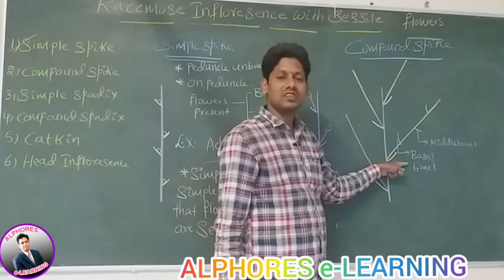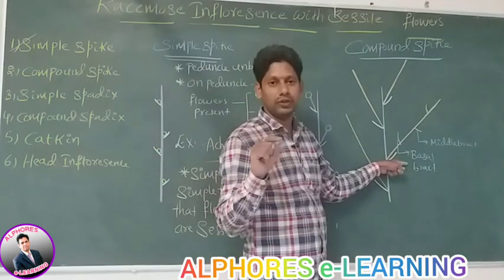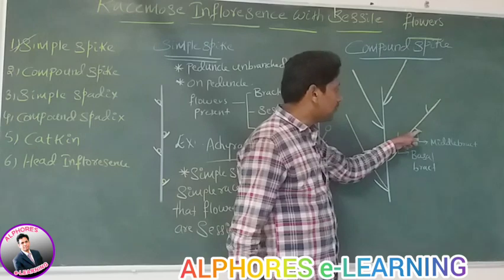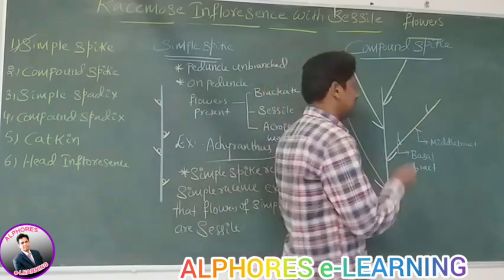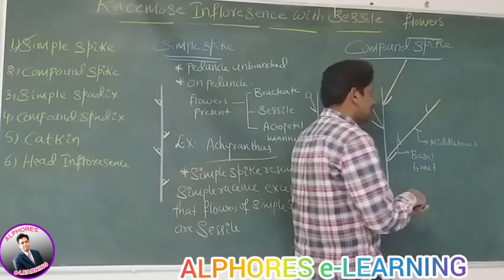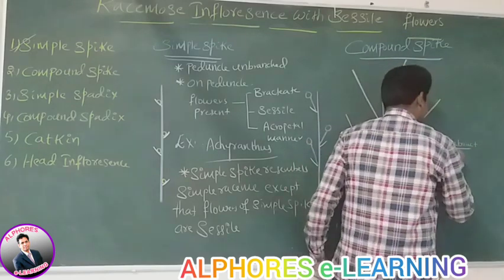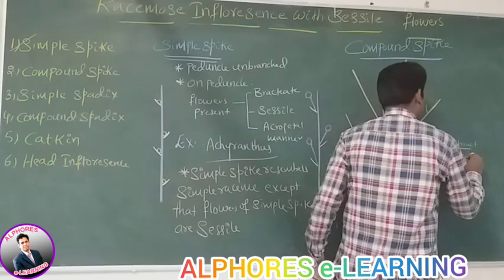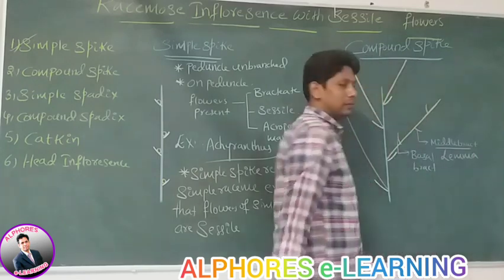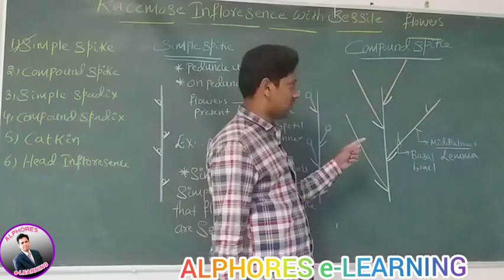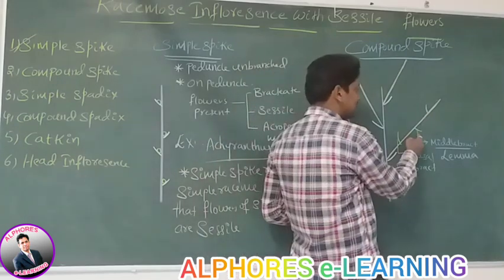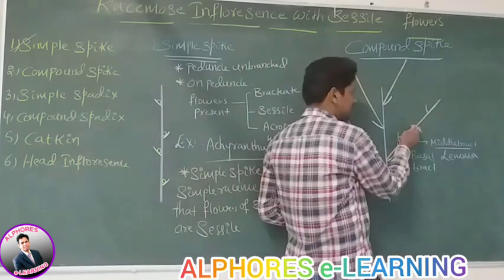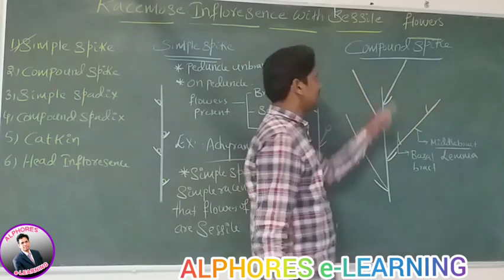It means they won't produce a flower. These middle bracts are fertile because they produce a flower. This middle fertile bract is called lemma. Sir, from the axil of this lemma, what is developed? Flower is developed.